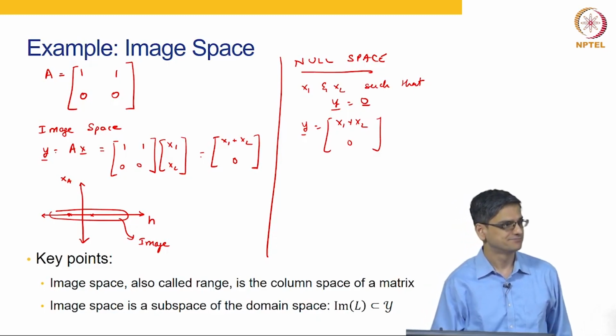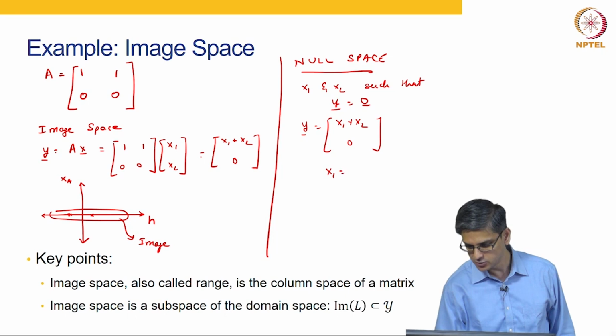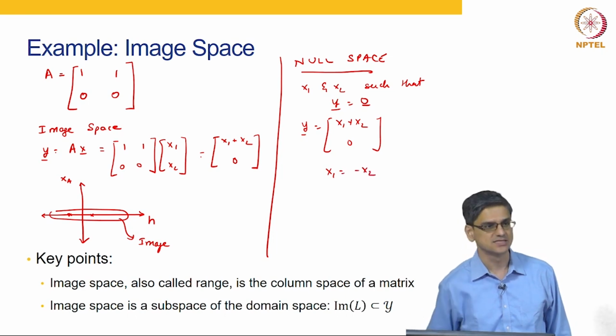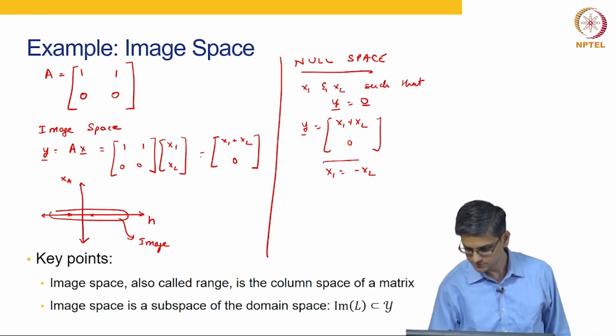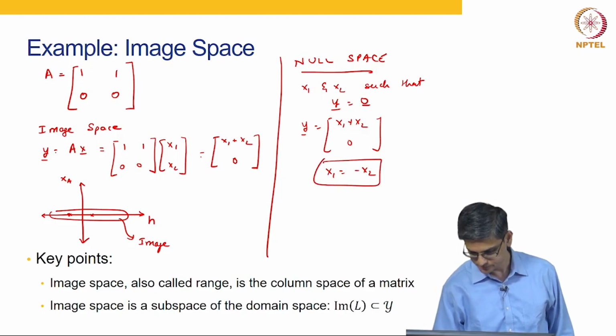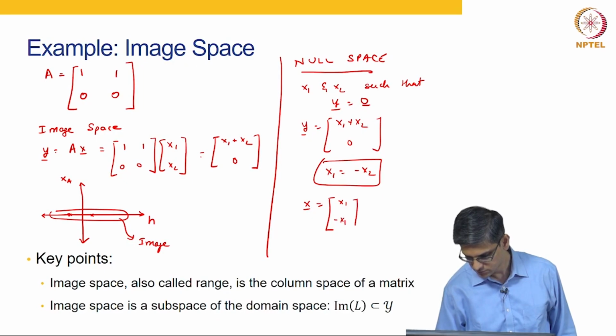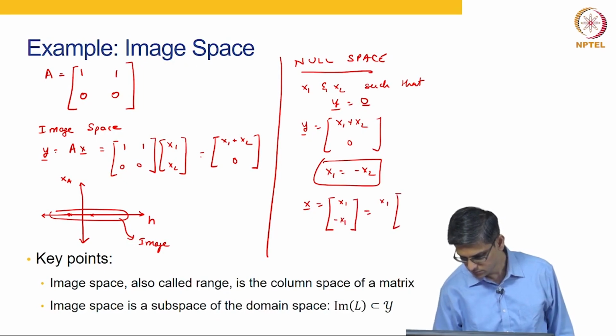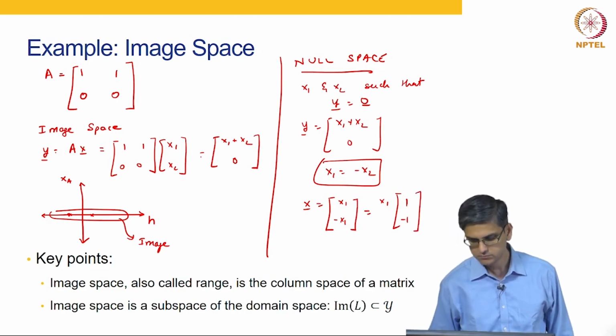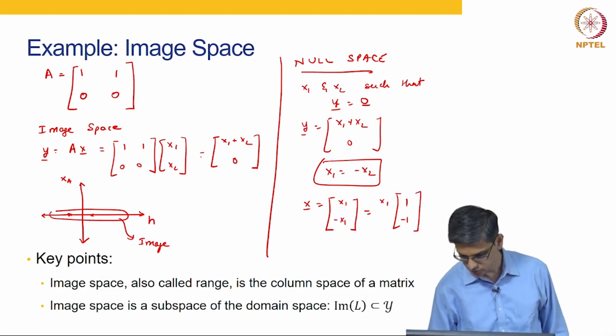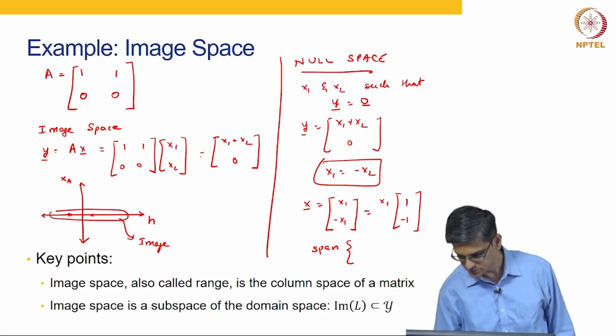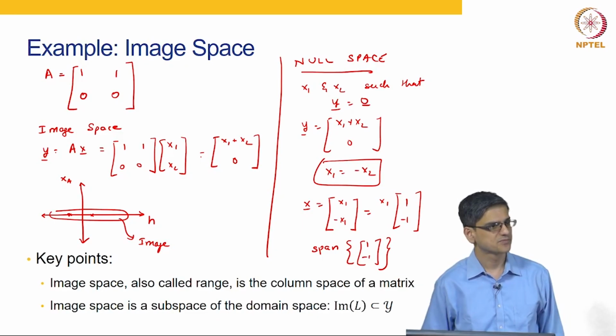It is the span of (1, -1), where x1 equals minus x2. That is the null space.